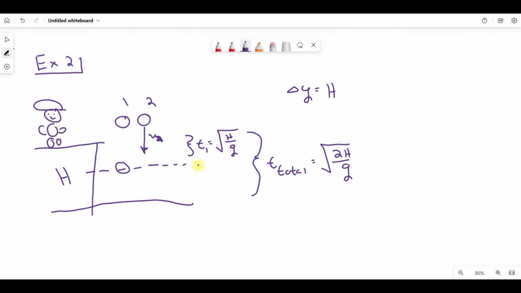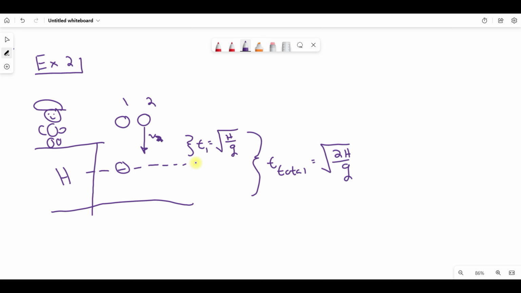So now we have to do another extra step. The point here is that we know that time t1 is root h over g. And we know that once the ball is at the height h over 2, only then does Bob throw the other ball. And both balls hit the ground at the same time.